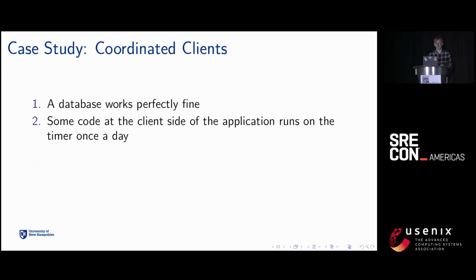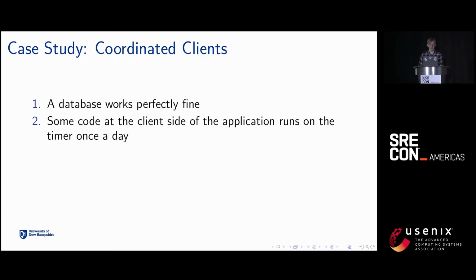So aside from the contention, the hot objects, and so on, here is a real example that we saw when we were researching the original Metastable failure papers a couple years ago. That example had a database, and on top of this database there was an application, and that system had a bunch of clients.